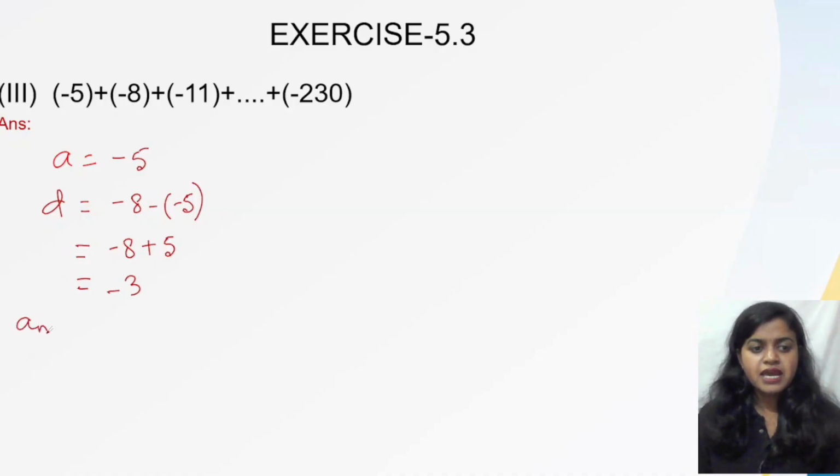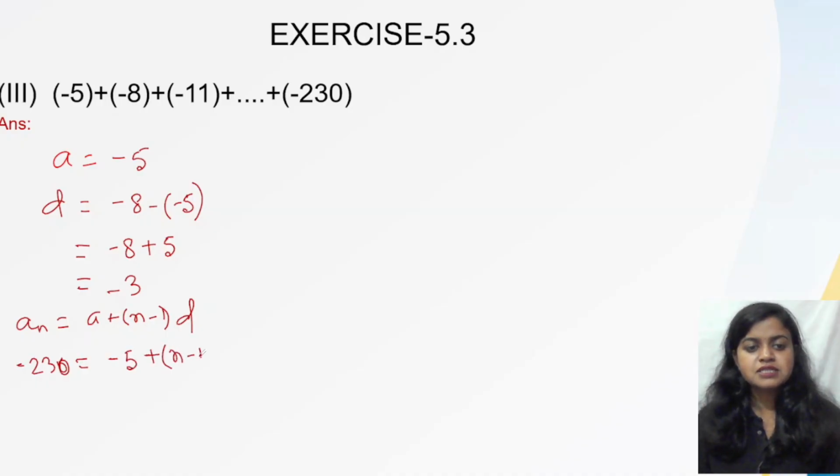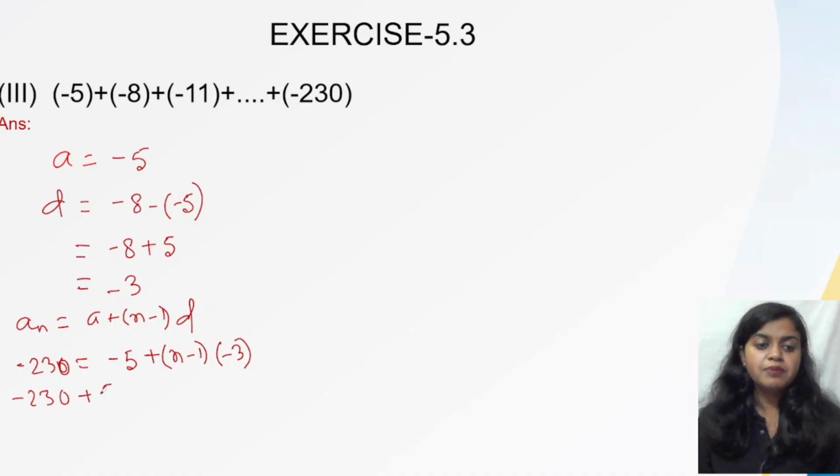So a_n equals a plus (n minus 1) into d. Here a_n is minus 230, a is minus 5, and d is minus 3. So minus 230 plus 5 equals (n minus 1) into minus 3.